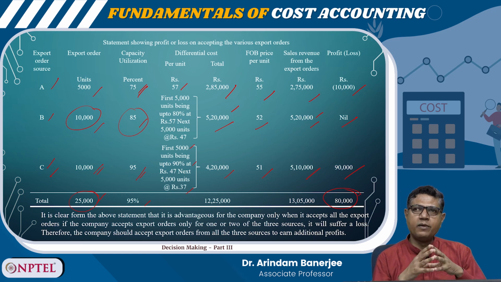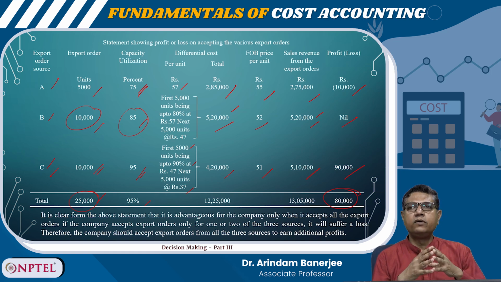So, what should be the approach whenever this type of export possibility comes? Many times it comes at a price which is lower than the domestic market. When it comes at a price lower than the domestic market, the first thing we should do is see what incremental cost we are incurring.